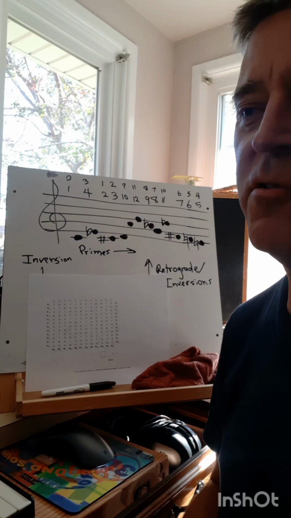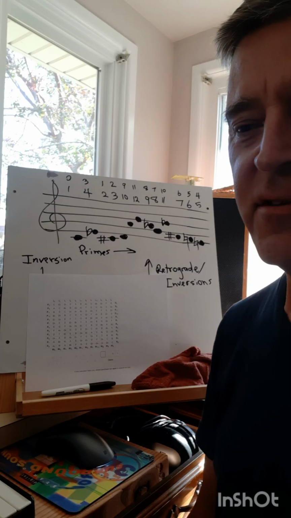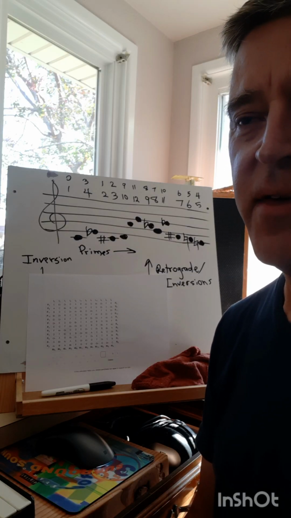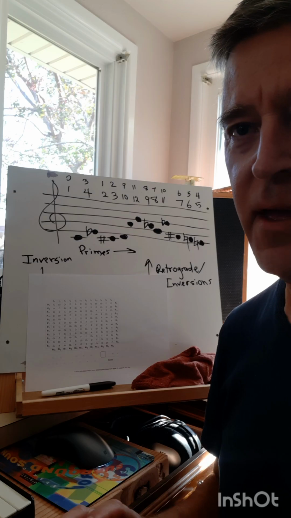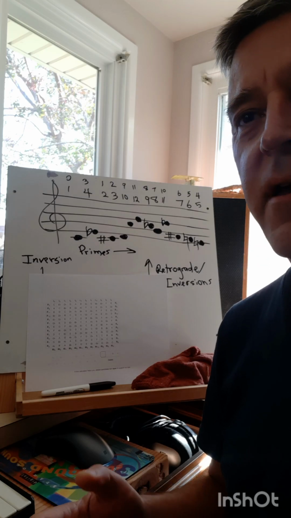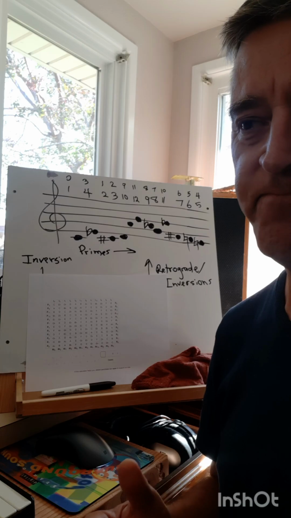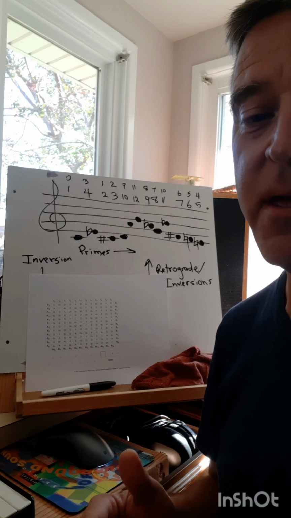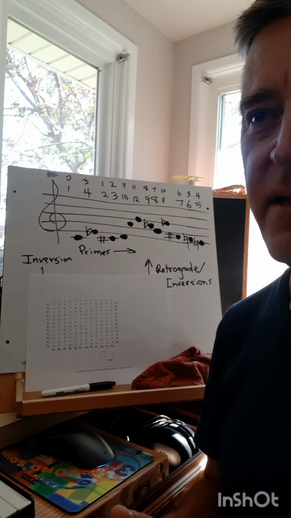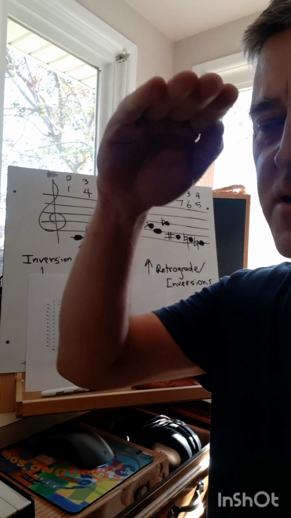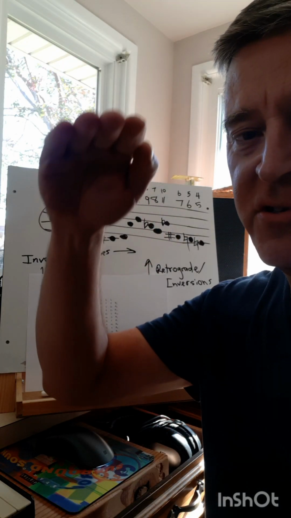If you've used a note, then you couldn't use it again. And so then you would take that and show all the different iterations of what that fragment could be, and essentially all the different transpositions of that.